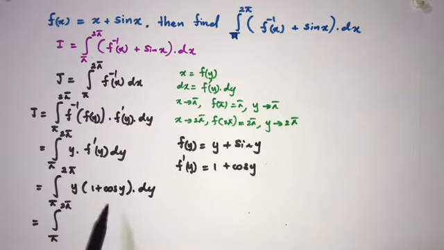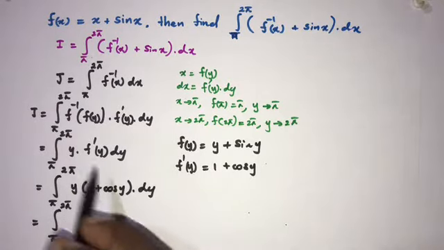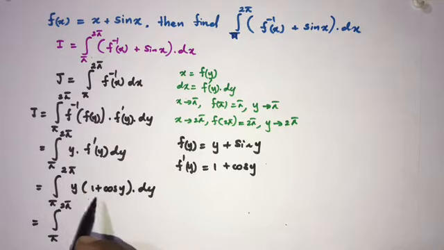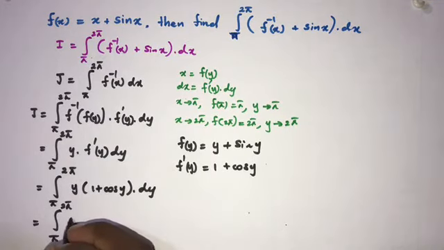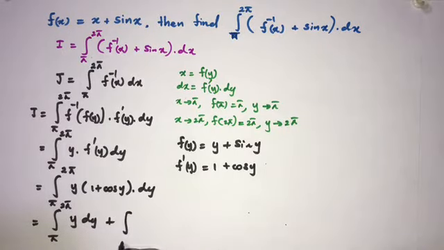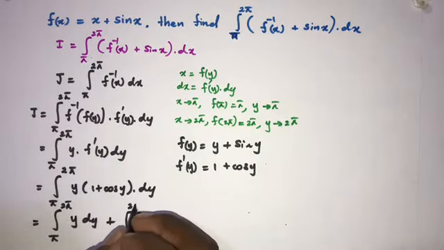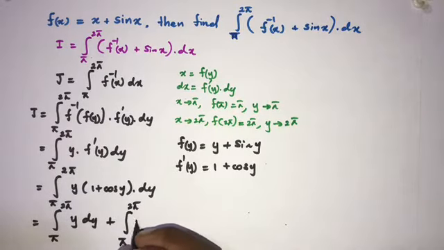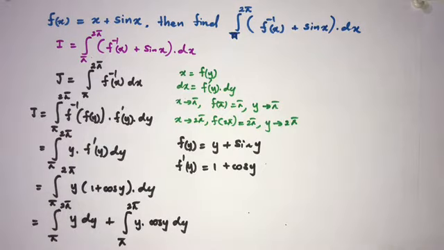Now we can write this as the integral from pi to 2 pi of y plus y cos y dy. Multiplying by y, we write the integral of y dy plus the integral from pi to 2 pi of y times cosine of y dy.